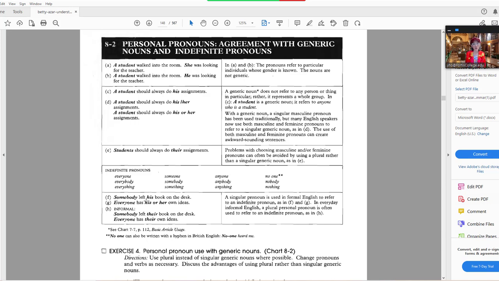But old-fashioned grammar books still adhere to this: if it's a singular noun, then the pronoun that replaces a singular antecedent would be his or her. And then if it's a plural noun, like students, then you use their.